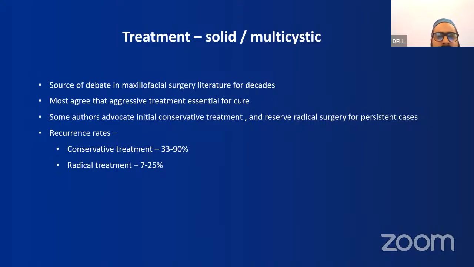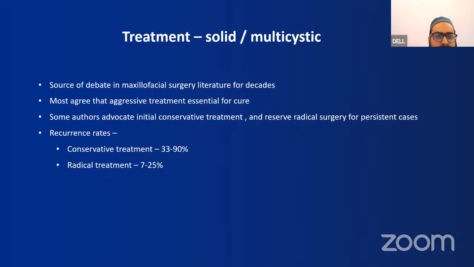Now, the treatment of the solid multicystic type has been a source of debate in the literature for decades, because most of the authors suggest that it needs to be dealt with aggressive management. However, a few authors suggest initial conservative management, reserving radical surgery for persistent cases once it recurs.